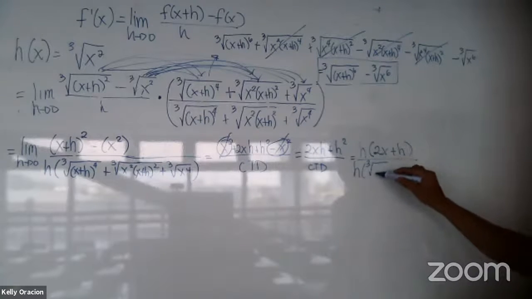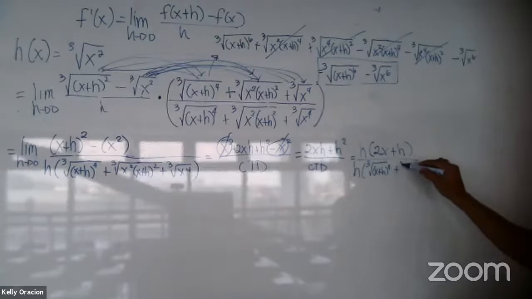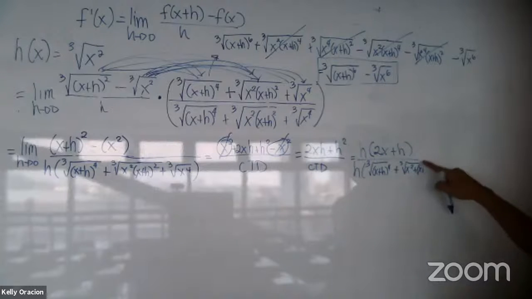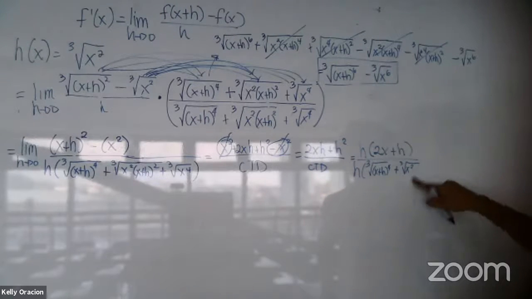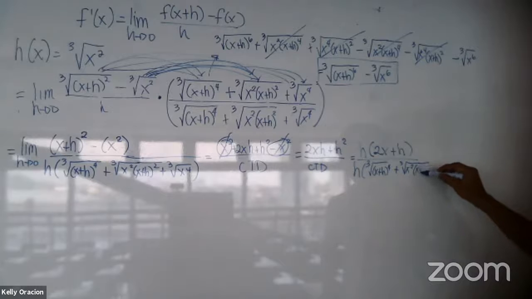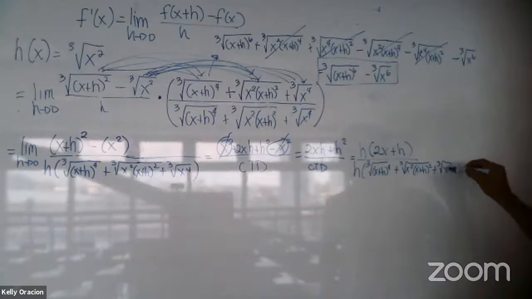So cube root of x plus h raised to 4 plus cube root of x squared times x plus h squared plus cube root of x raised to 4.